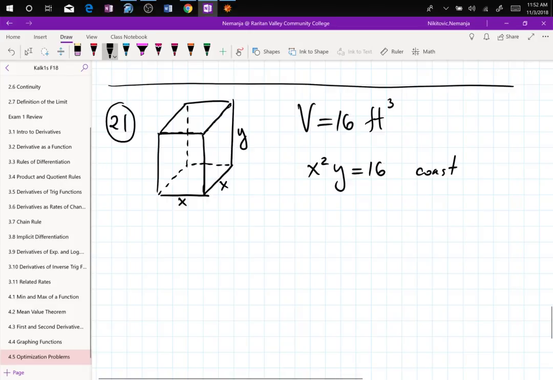So there you go. Let's talk about the cost. It says the cost to make this box. The material used to make the base. Okay, so now we have these issues, and what I need to do is create the wire frame over here.